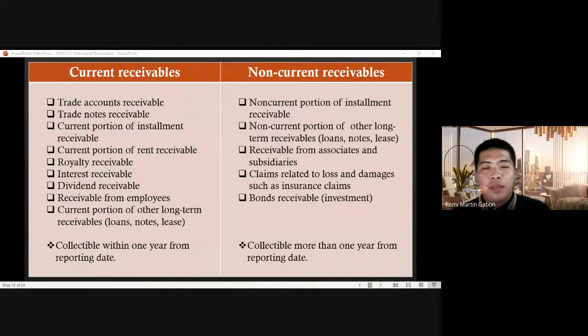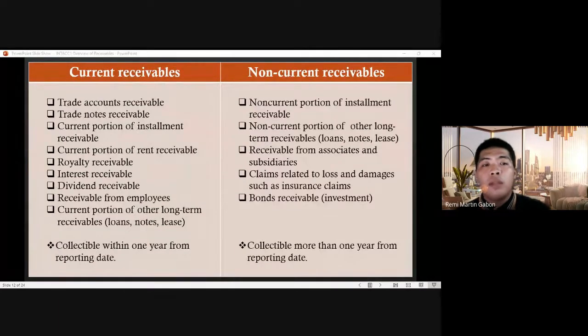Home Credit is usually paid on an installment basis. Some receivables, especially installment receivables, last for more than a year. Sometimes payment takes 2 to 3 years, depending on the installment balance. Sometimes when you purchase, you make down payments, then the balance is on an installment basis. So if there is an installment portion, you have to consider the current portion.